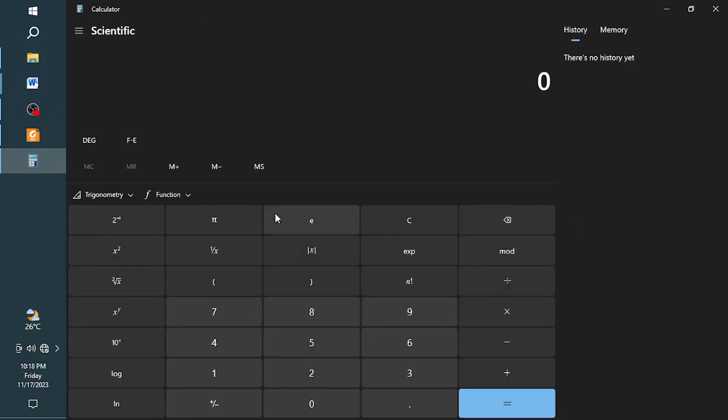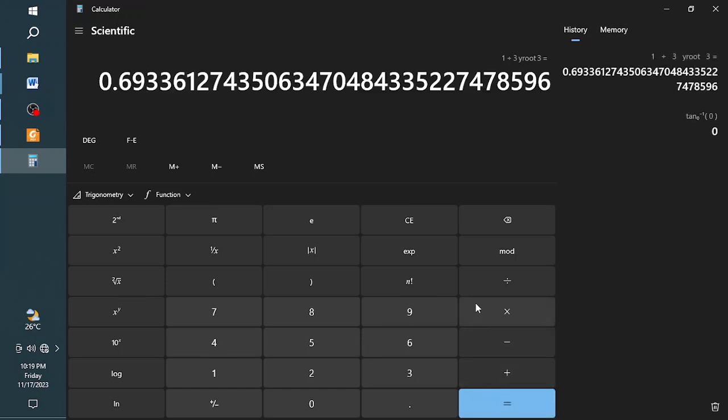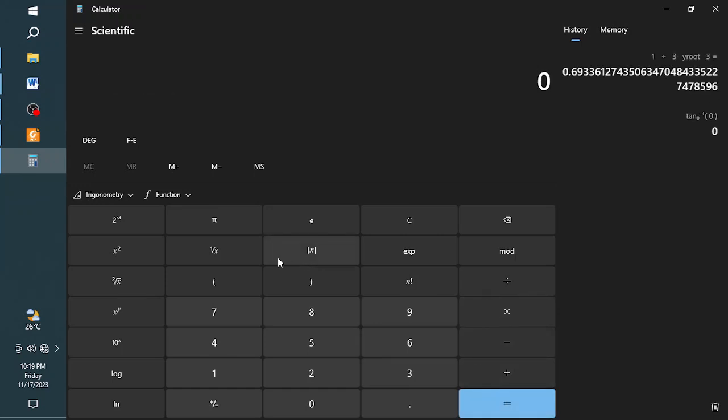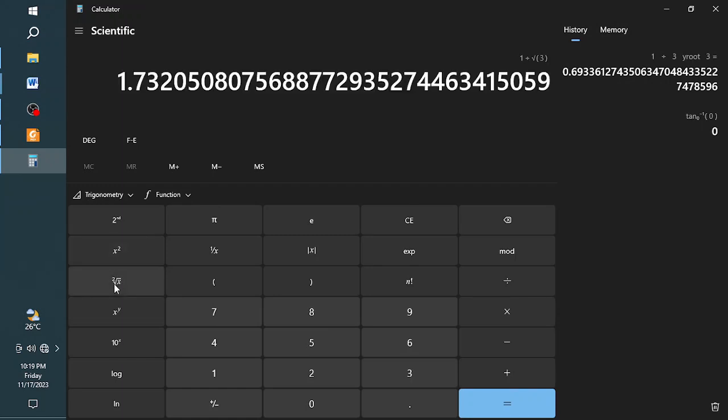Scientific calculator. Okay, second function, trigonometry. Second function, tan inverse. I have to put the angle first. 1 divided by the square root of 3 equals, hold on, 1 divided by the square root of 3.